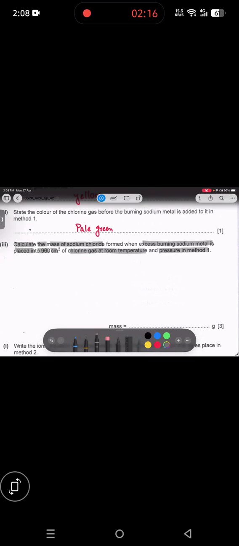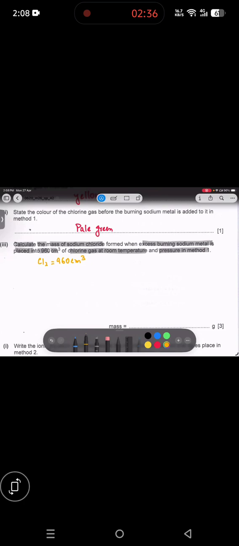Okay, the volume given to you is what? For the chlorine, the gas volume is 960 cm³. Volume is in cm³. It's up to you, you can convert the cm³ into dm³ and then solve the question.